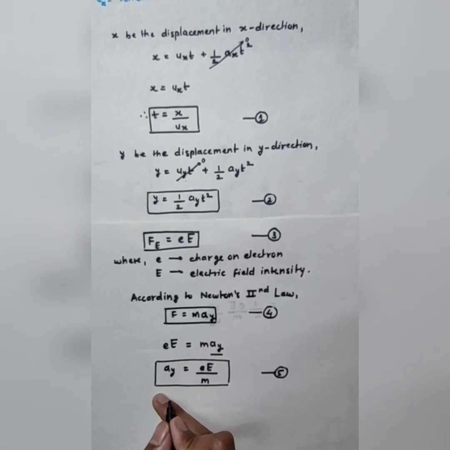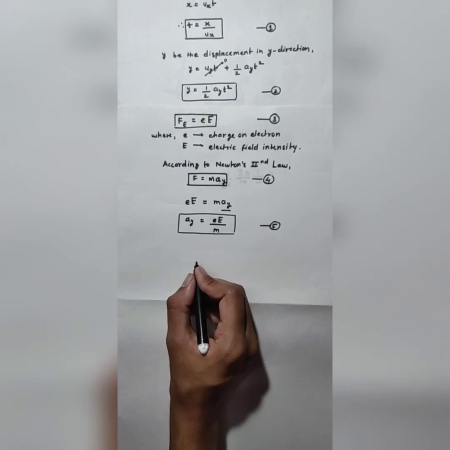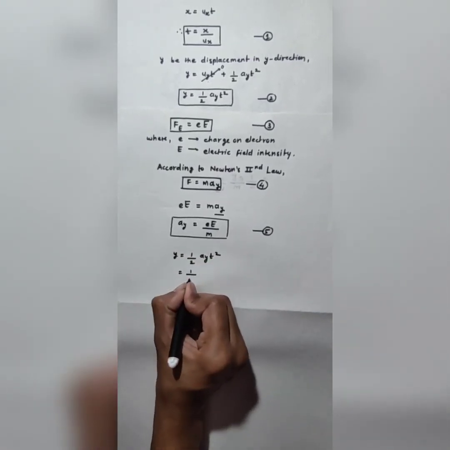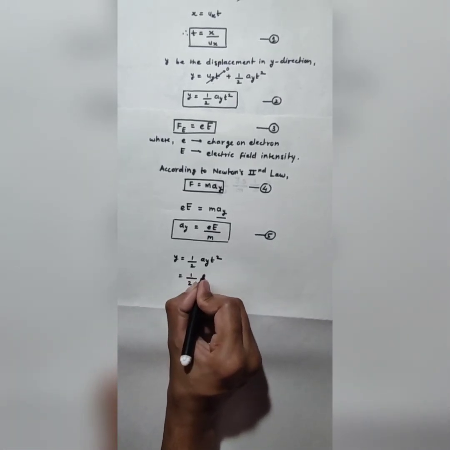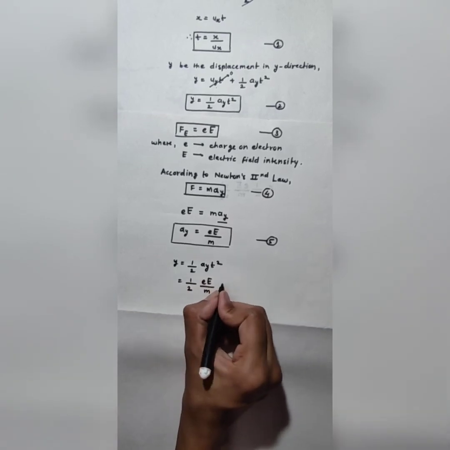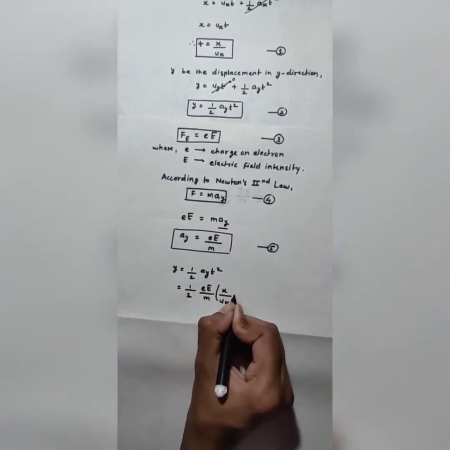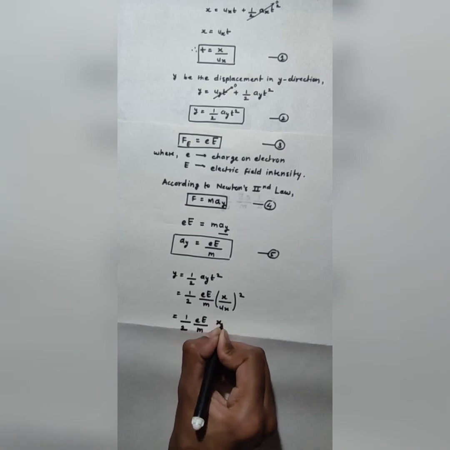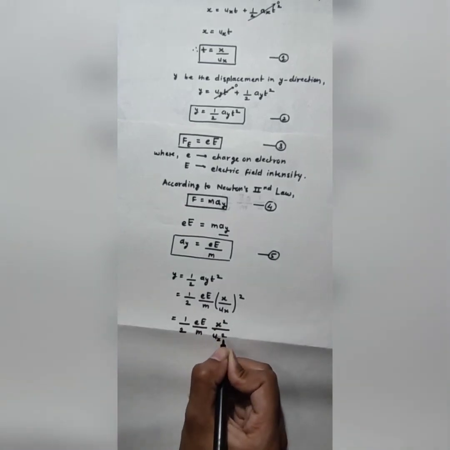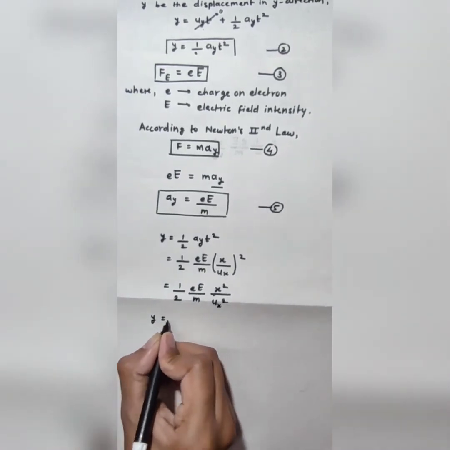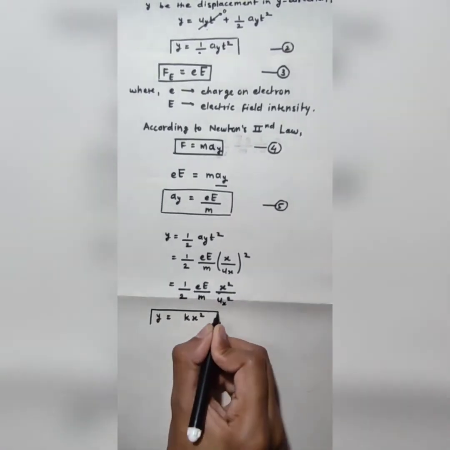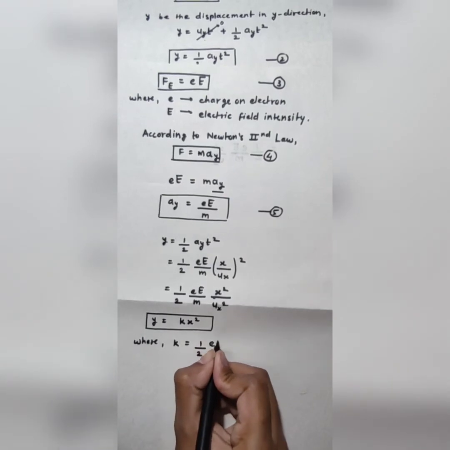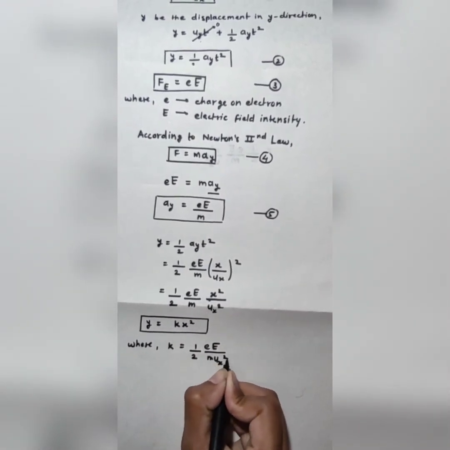So by using these two equations, number 1 and 5, in equation number 2, which is y equals half ay t square, instead of ay we can write small e into capital E by m, and for t we can write x upon ux whole square, which gives 1 by 2 into eE by m into x square by ux square, which is y equals k x square, where k equals 1 by 2 into eE by m ux square.